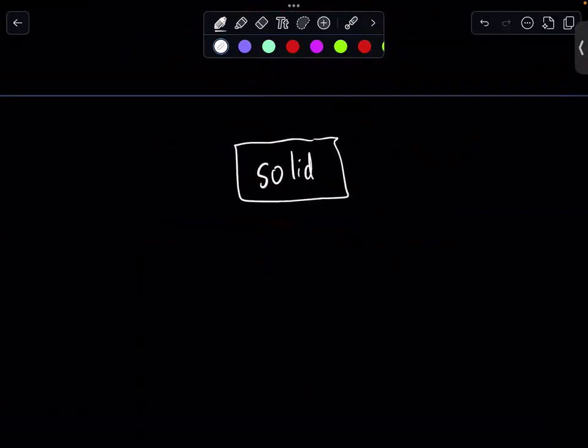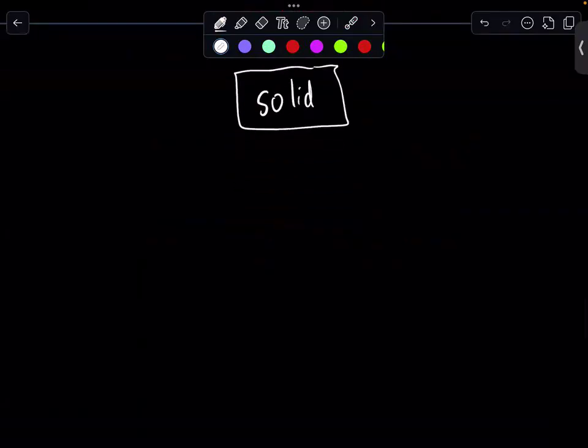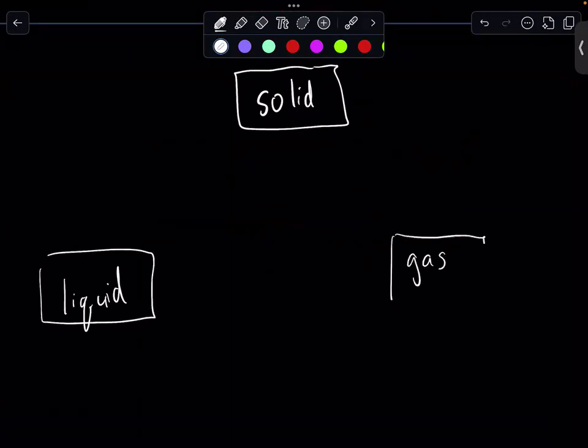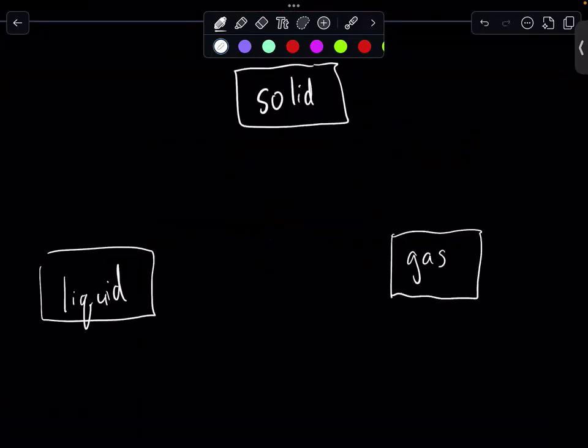The last thing we're going to discuss is these state changes. So if we look at our solid, and we look at our liquid and our gas, we have these phase changes. And so we generally know some of these already. When we take our solid and we turn it into a liquid, we call that melting.